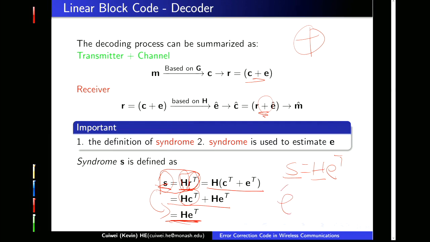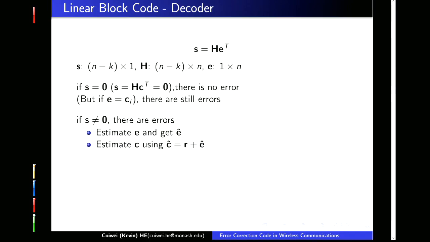Can we estimate the error vector from this equation? It's a vector matrix relationship. I will use one example. Here is just a quick summary of the size of the syndrome, the parity matrix, and the error vector. It's not very important.